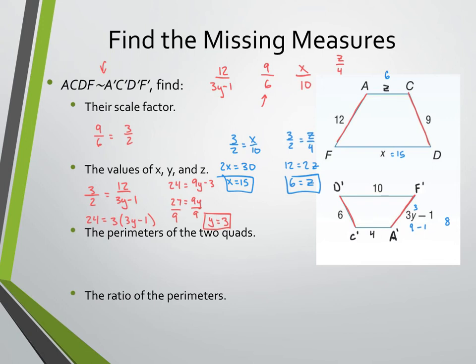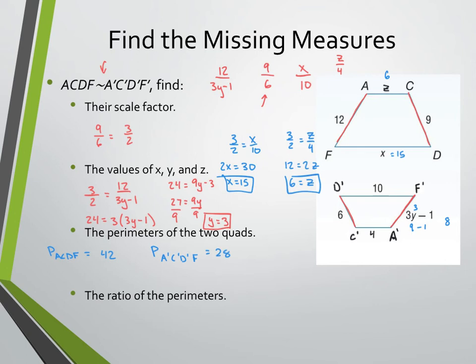So the perimeter of my top one, ACDF, is going to be 42. That's the perimeter of ACDF is equal to 42, and then the perimeter of A prime, C prime, D prime, and F prime is 28.